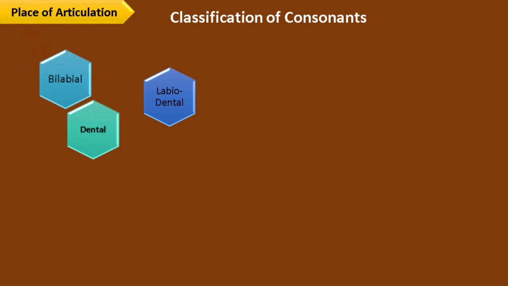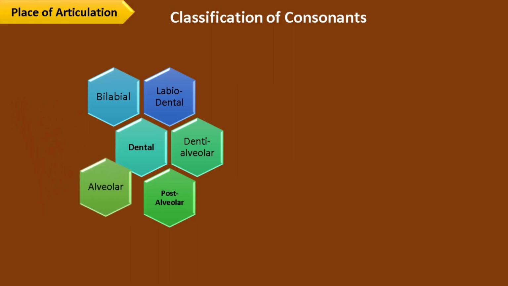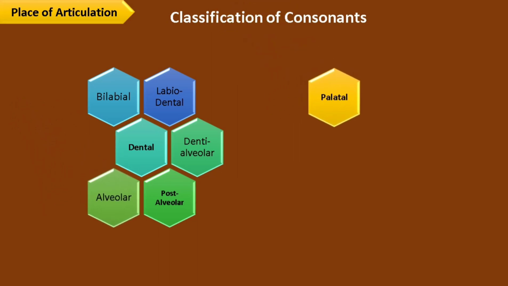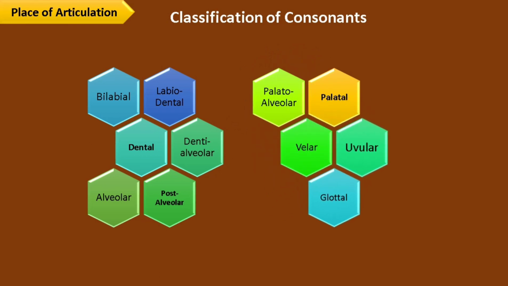The 13 consonant types are labiodental, bilabial, dental or interdental, denti-alveolar, post-alveolar, alveolar, palatal consonant, palato-alveolar consonant, velar consonant, uvular consonant, glottal consonant, pharyngeal consonant, and finally we have labial velar.